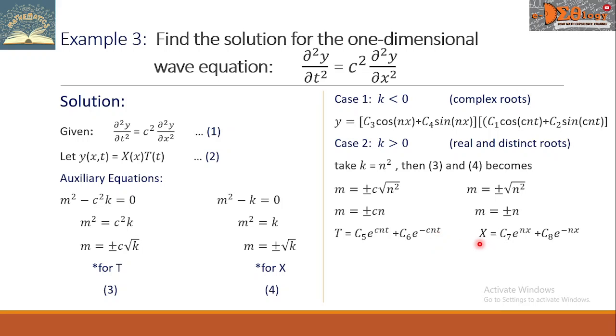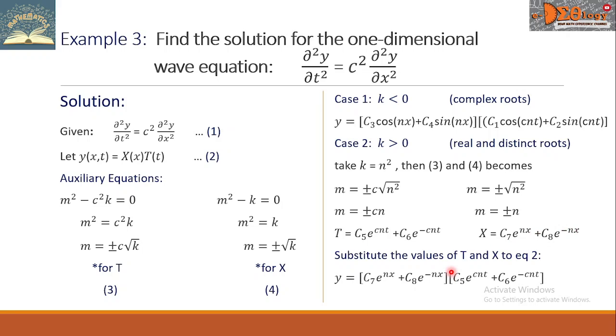For the variable X, this is equal to c sub 7 times e raised to nx plus c sub 8 times e raised to the negative nx. Now, we substitute the values of T and X to equation 2. Our equation 2 is here. So the value of y is equal to the value of X multiplied by the value of T. This is now our answer.